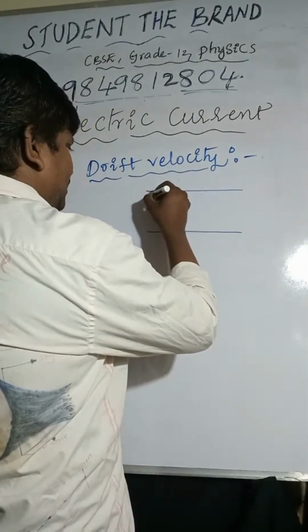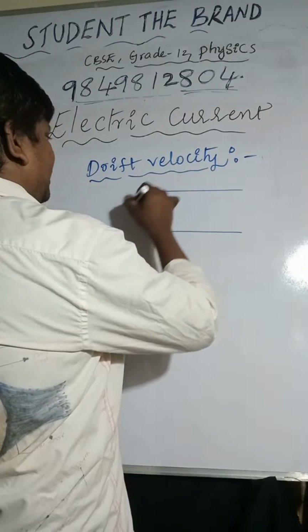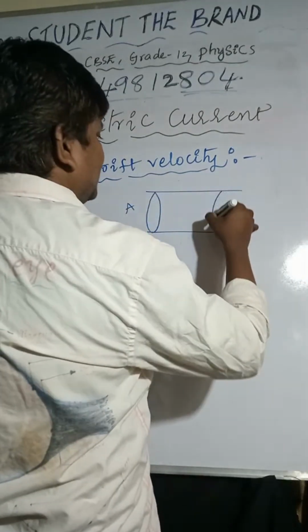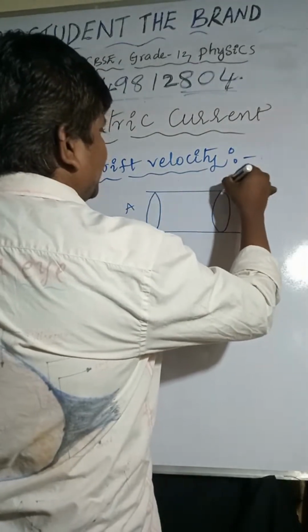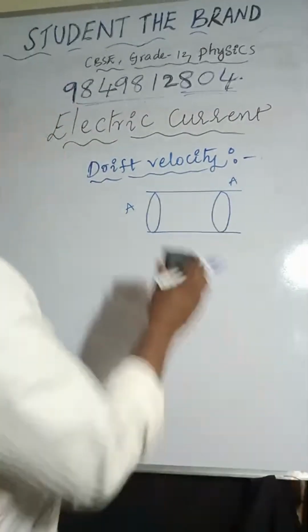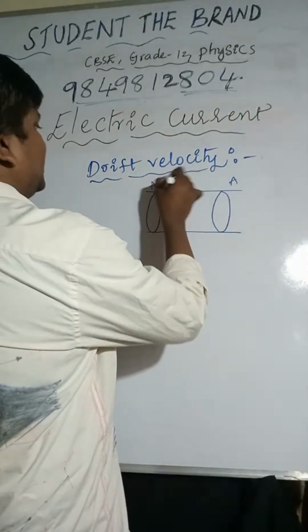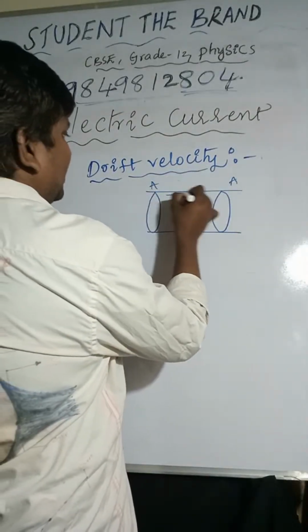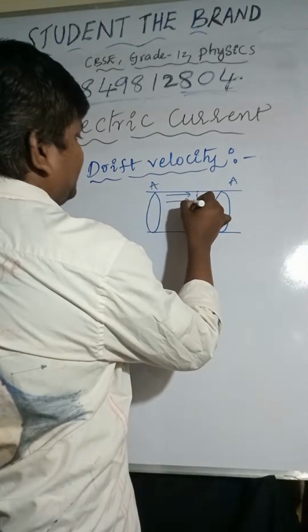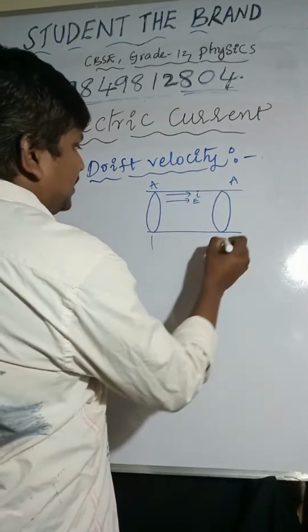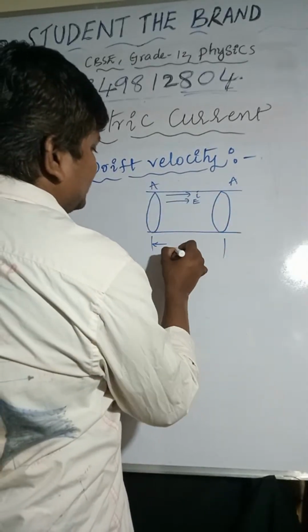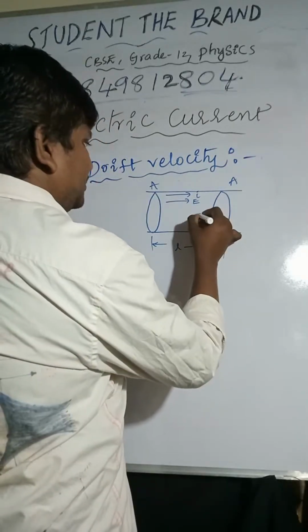This is the area of cross section, denoted with A. Here also the area of cross section, denoted with B. Here area of cross section, here also area of cross section. And current is flowing and electric field is there. So from here to here I am taking, and electron is moving.